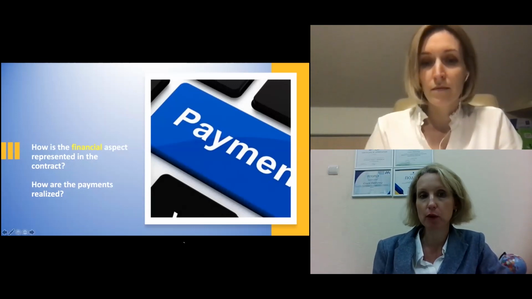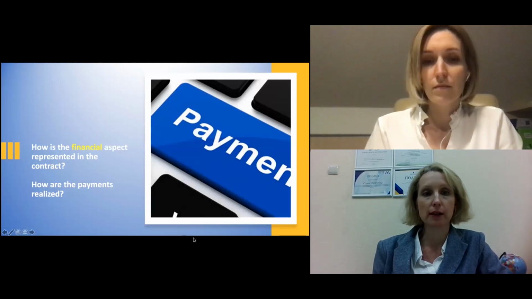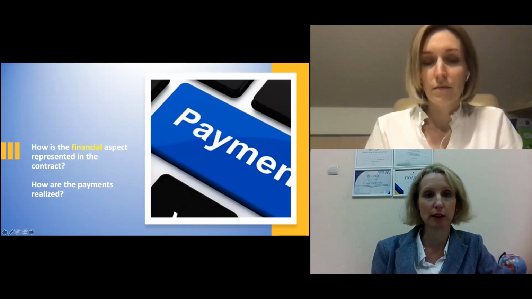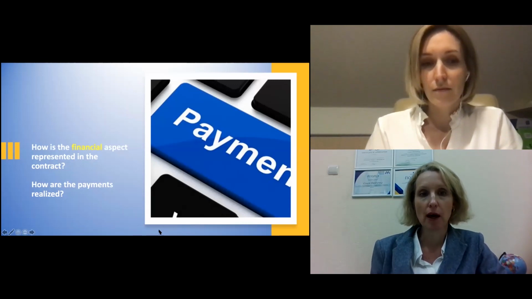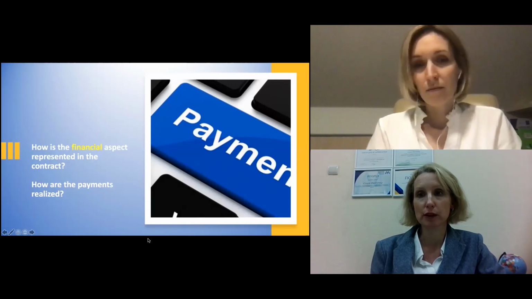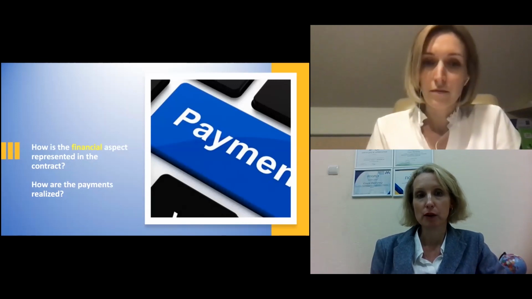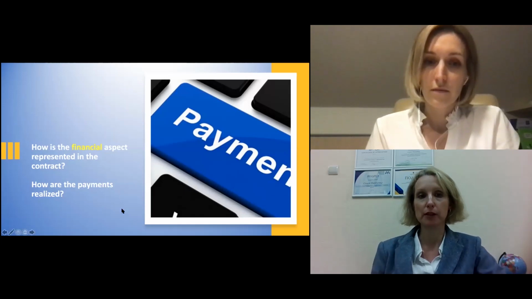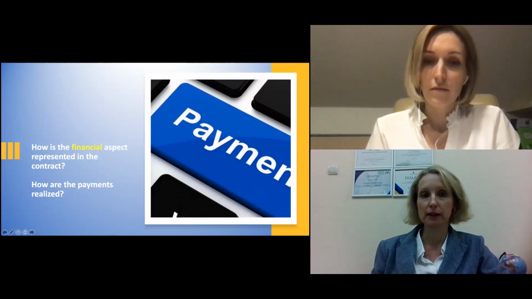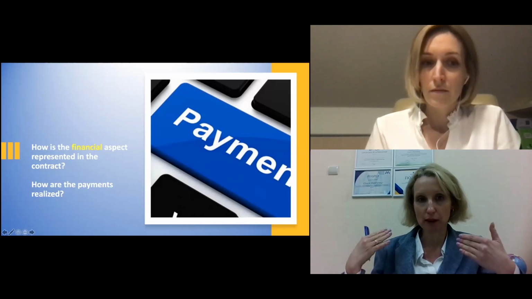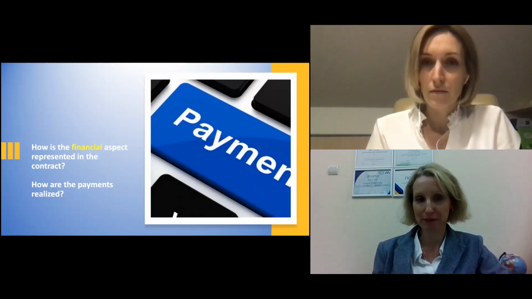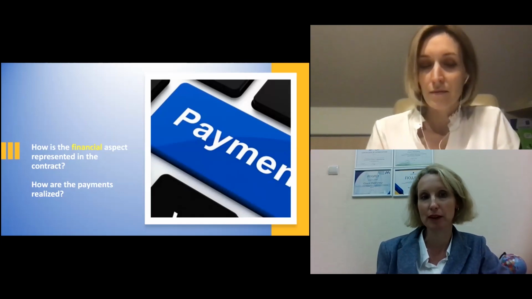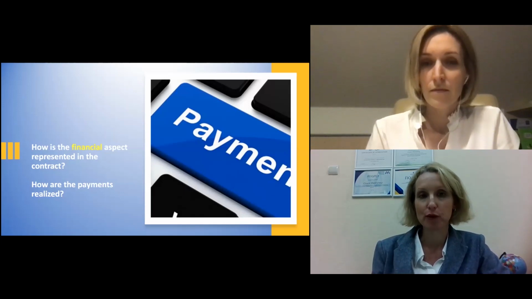Though I have seen some contracts where the financial part is only one sentence, that the intended parents have to pay the surrogate actual expenses and some remuneration, but I really do not appreciate it because if the agencies, for example, take over payments from the intended parents and then pay the surrogate, the intended parents can ask themselves why these financial conditions are not reflected in the contract with the surrogate mother. It's just for consideration.